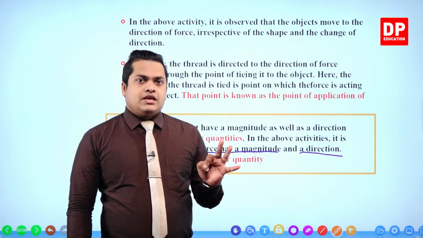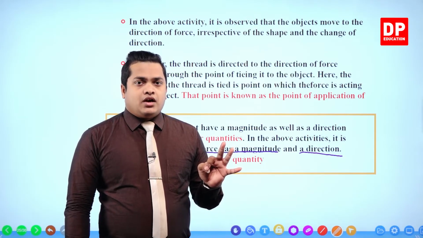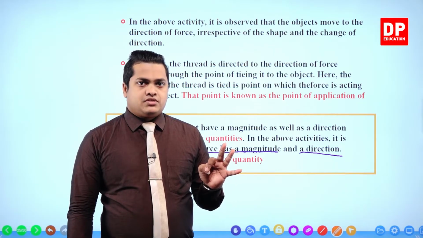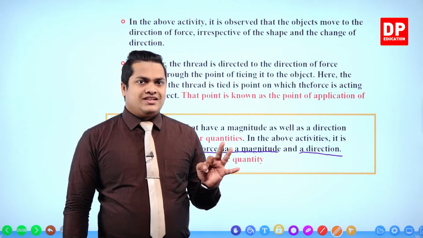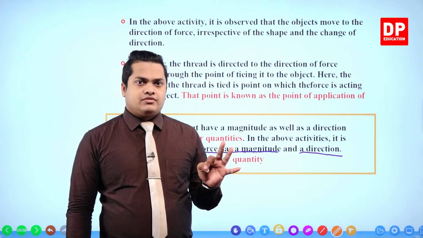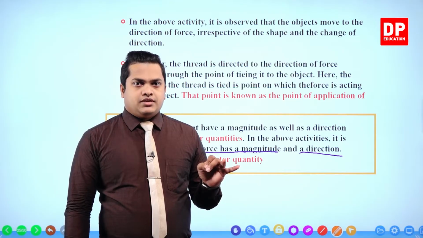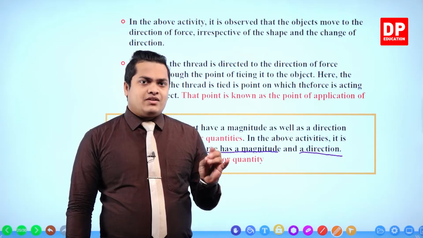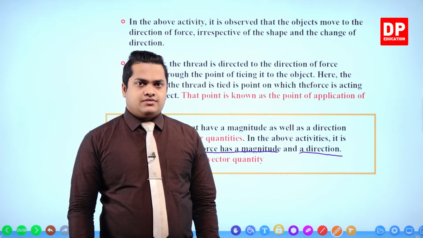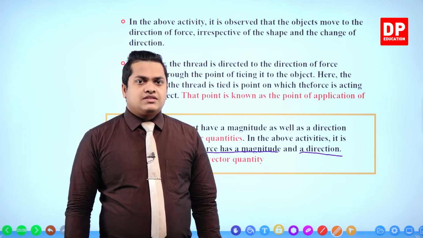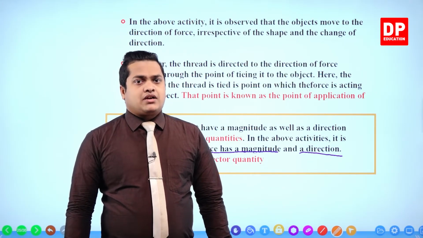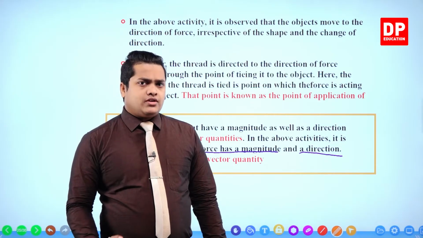Then the speed of a certain object doesn't have a definite direction. It's showing a value only, speed. Then my dear children, the distance traveled by a certain object, distance, is also a scalar quantity. So like that, there are several scalar quantities, but however, force is not a scalar quantity.